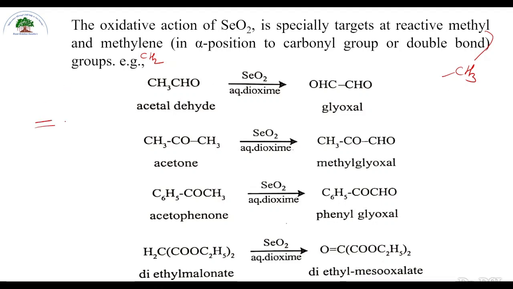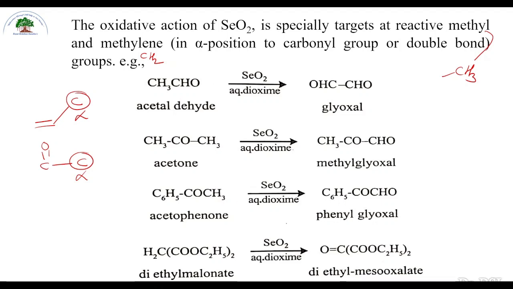If there is a double bond in the reactant, this is the alpha position, also known as the allylic position. And if a carbonyl group is there, then this is the alpha position. So these are the two susceptible positions that undergo oxidation in presence of selenium dioxide.